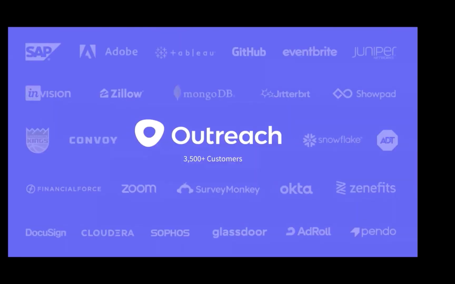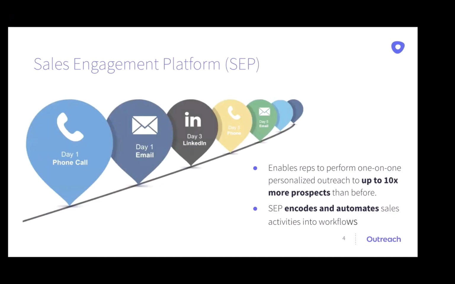Outreach is a sales engagement platform which is powering more than 3,000 customers. A sales engagement platform, in a nutshell, enhances salespeople's sales tools like Salesforce, phone calls, email, content management systems, and more.